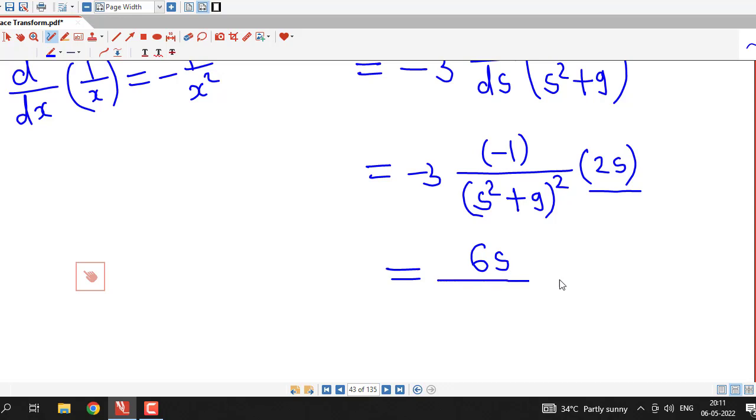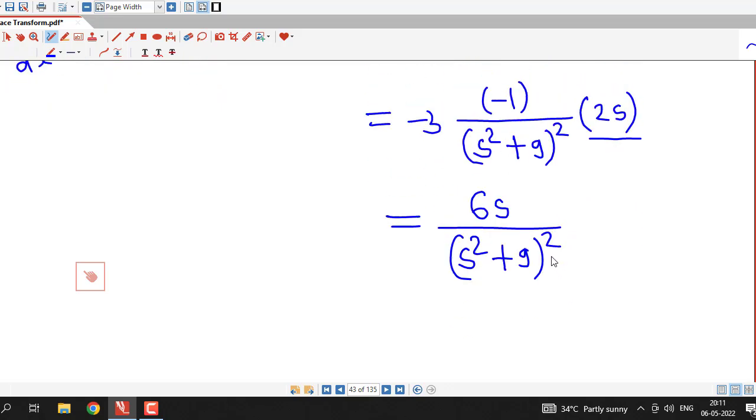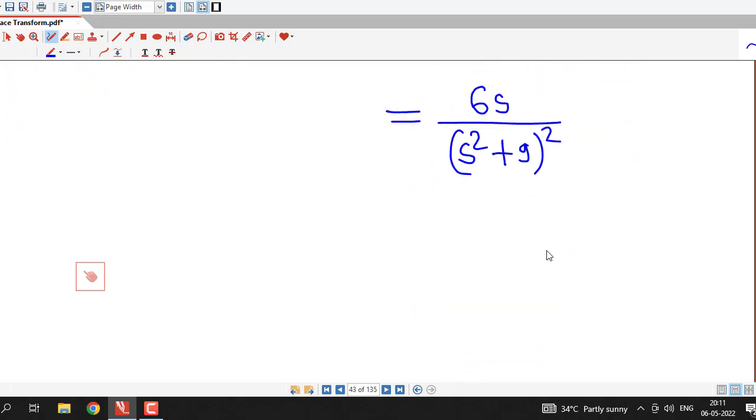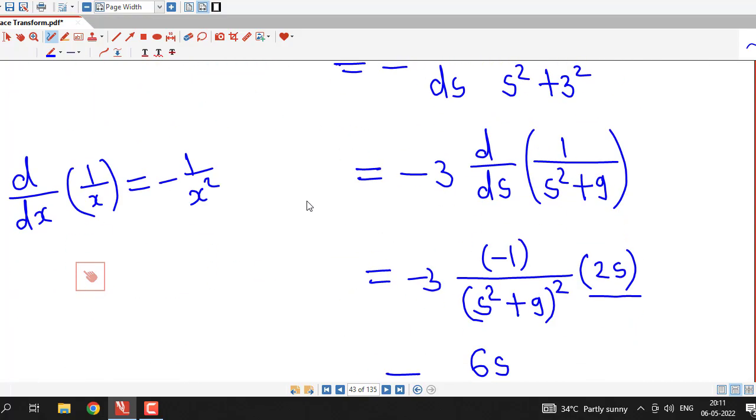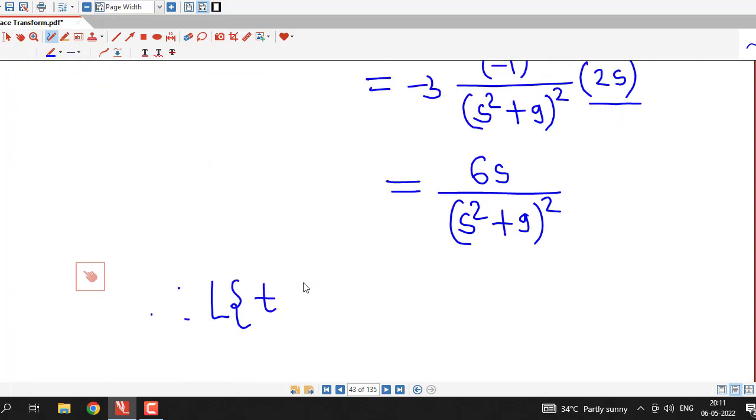So we have 6s divided by s square plus 9 whole square. Therefore Laplace transform of t sin 3t is 6 times s divided by square of s square plus 9.